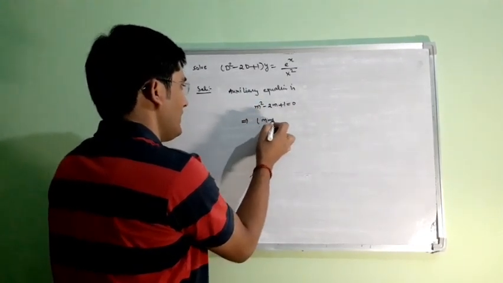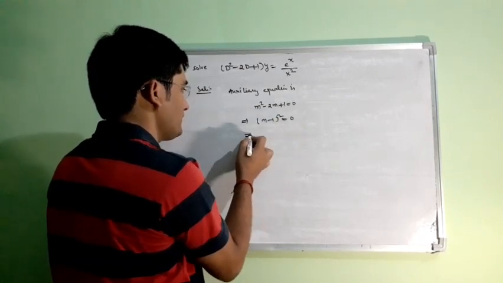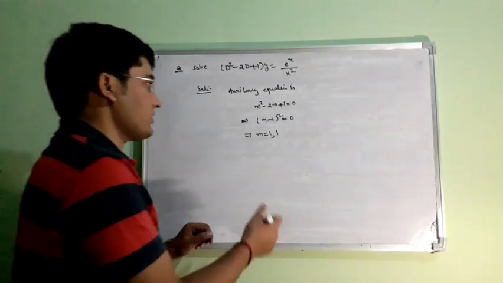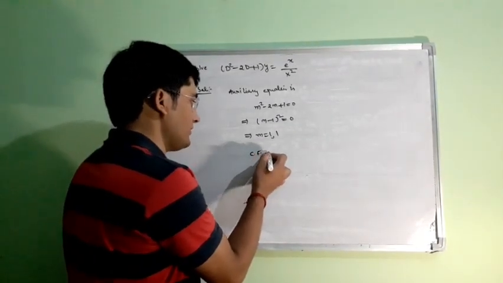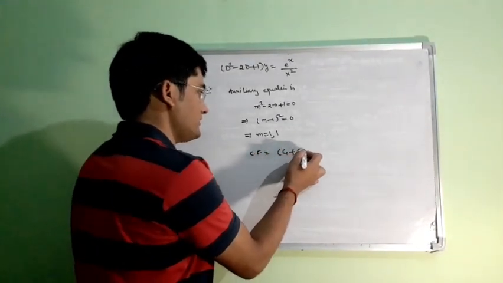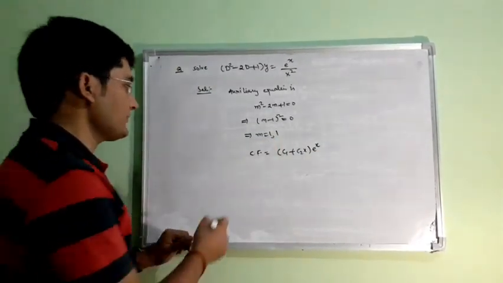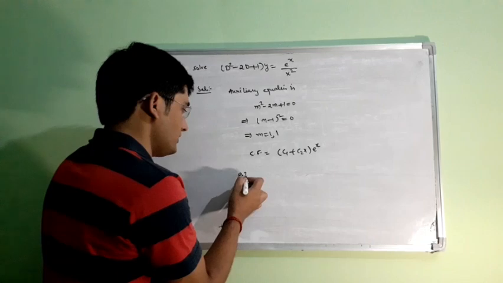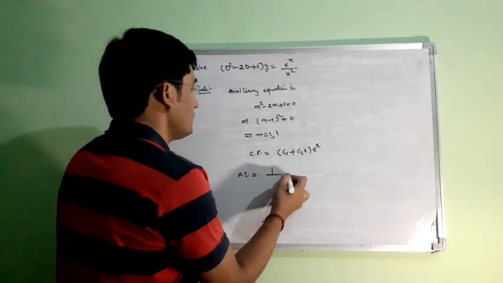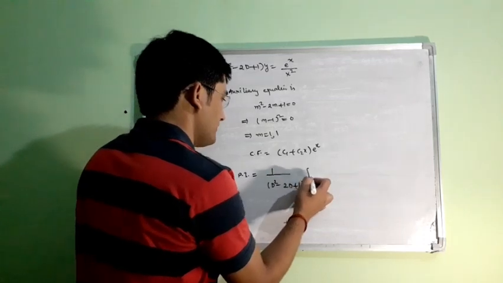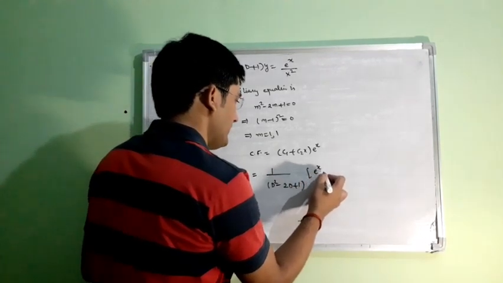So (m minus 1) whole square equal to 0, and the roots are 1, 1. So your complementary function will be (c1 plus c2 x) e to the power x, as the roots of the auxiliary equation are equal. Then your particular integral will be 1 upon (D square minus 2D plus 1), and in the bracket we will have e to the power x upon x square.